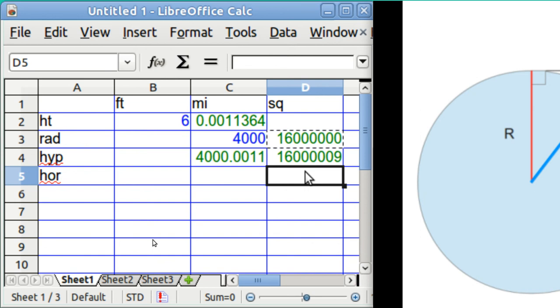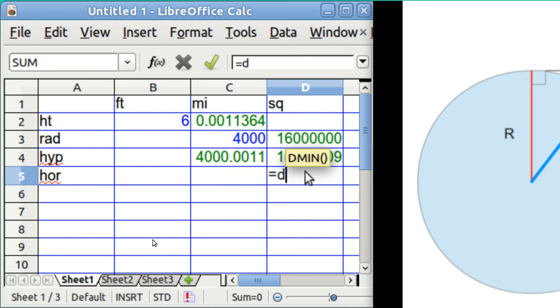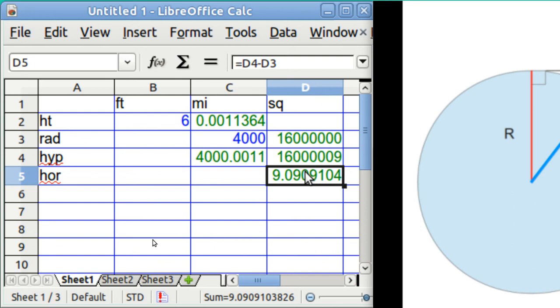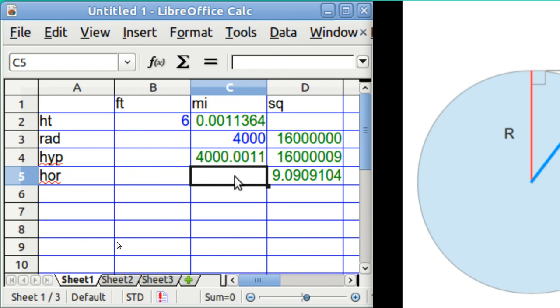So I will put down equal D4 minus D3. In order to see how far I can see, I'm just going to now take the square root of that.